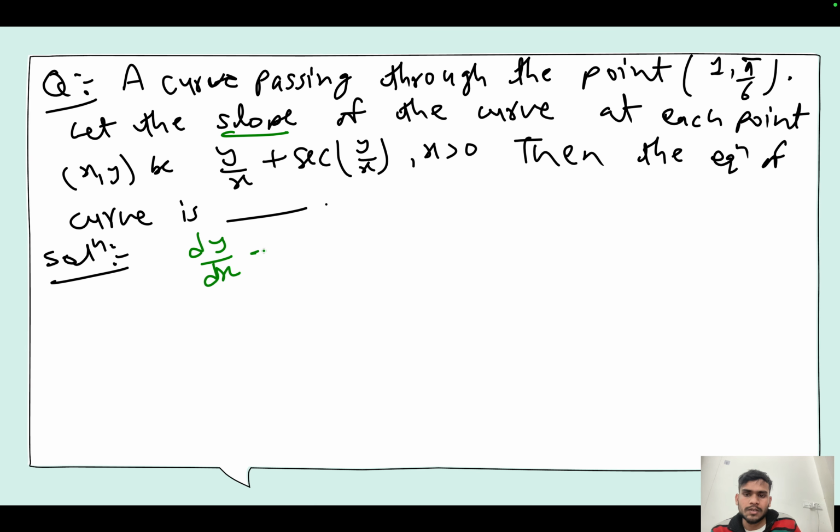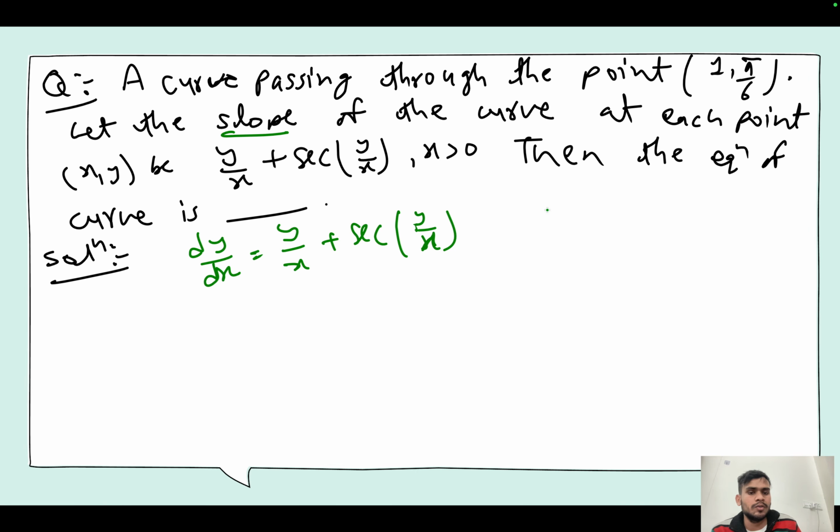So dy by dx is equal to y by x plus sec y by x. As you can see, this is a homogeneous differential equation of degree 0, since the function is homogeneous of degree 0.